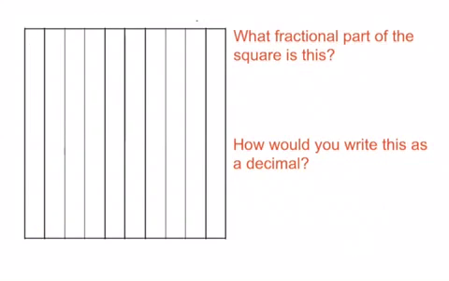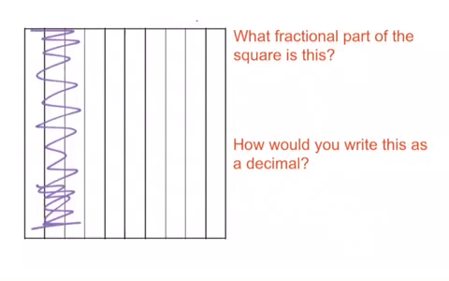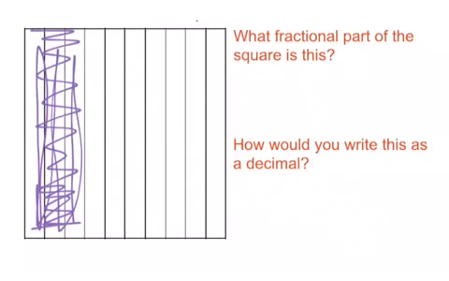Let's do another one. Let's say I shade in 3 bars this time. If I were to write this as a fraction, there are 3 of my 10 pieces shaded in.